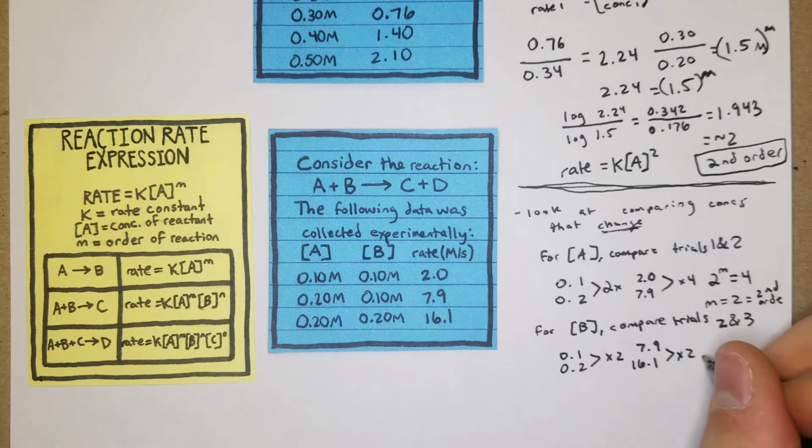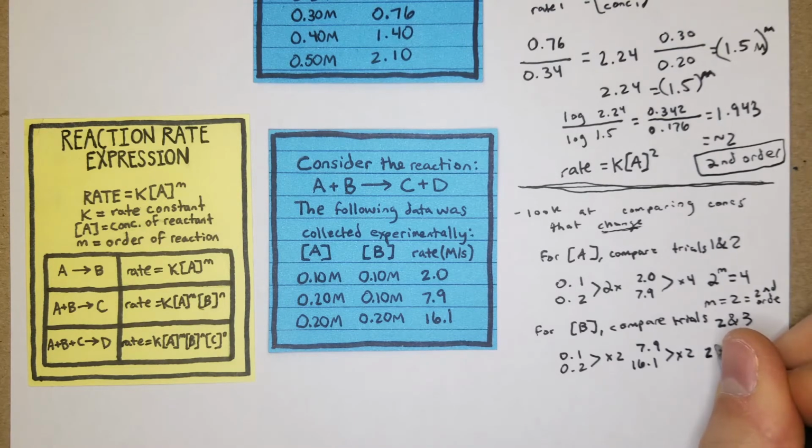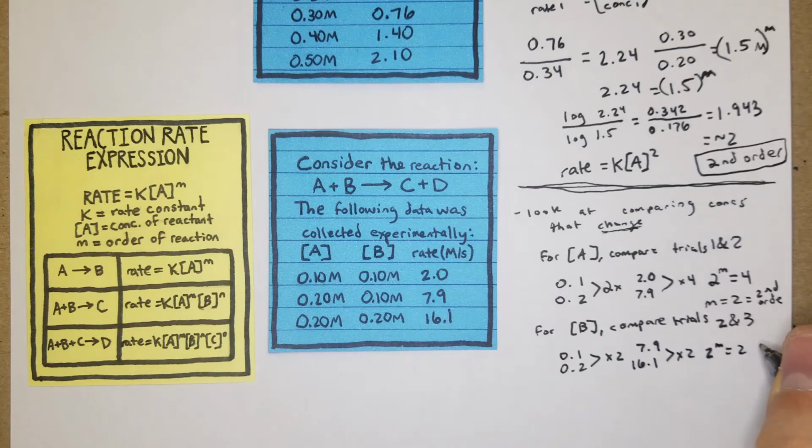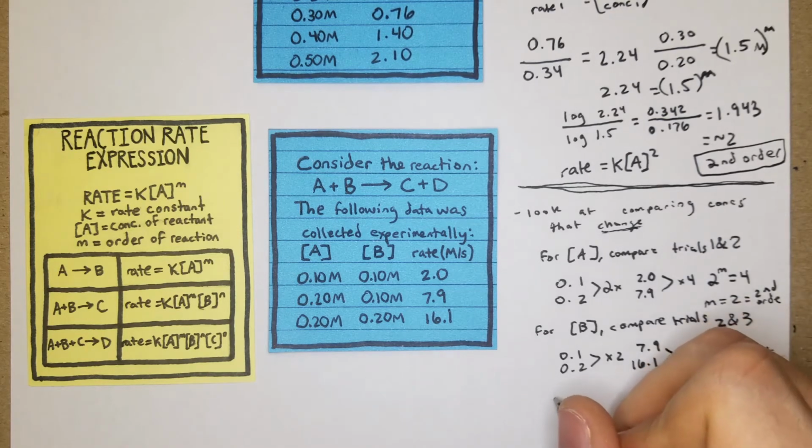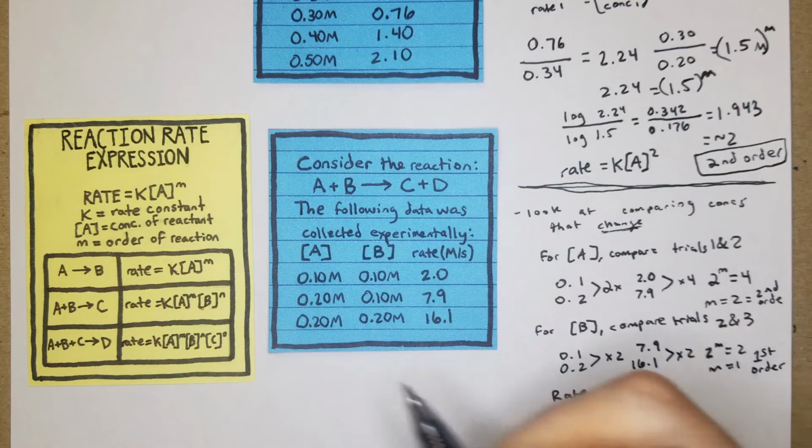So here's what we got. 2 to the m equals 2. So what power would you raise 2 to get 2? It's just going to be 1. Anything to the first power is just itself. So what we have is m equals 1. It's first order. So now what we know is, here's the rate. Like I said, we follow this formula.